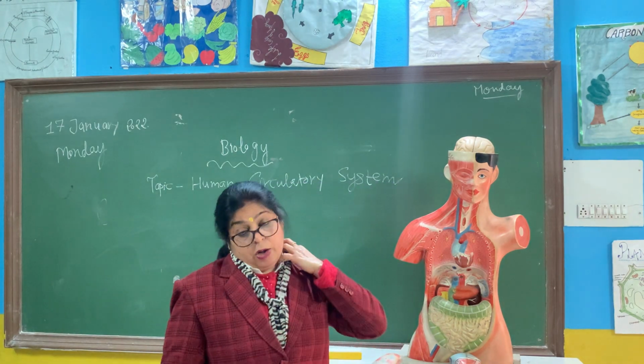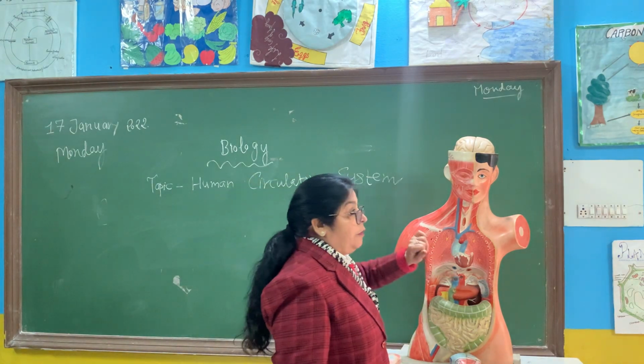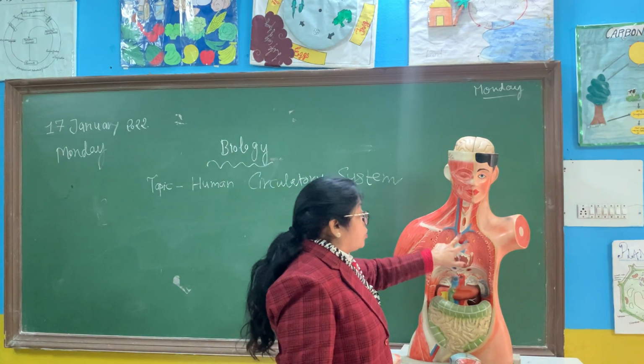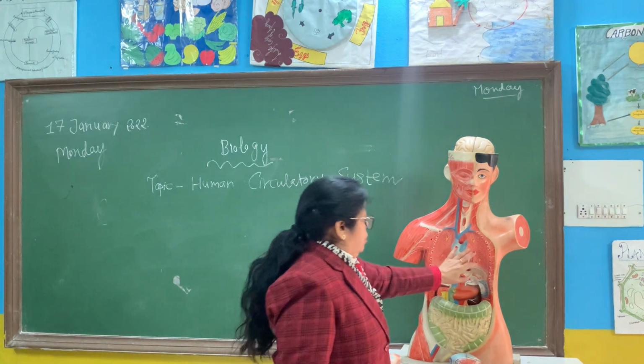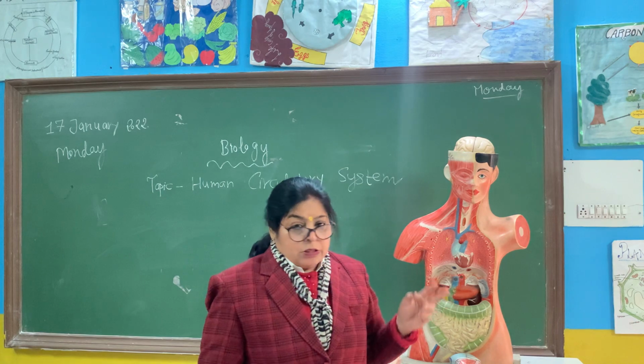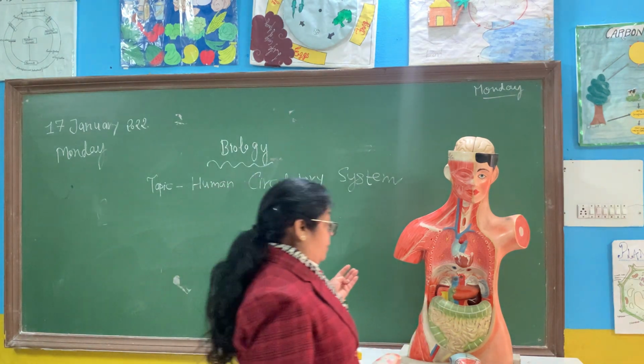You should all know that the pulmonary vein is the exceptional vein which carries the oxygenated blood from the lungs to the heart. All the vessels such as the arteries, veins as well as the capillaries.